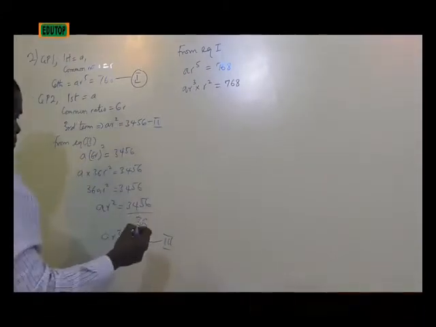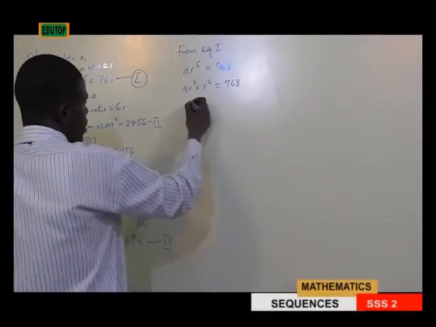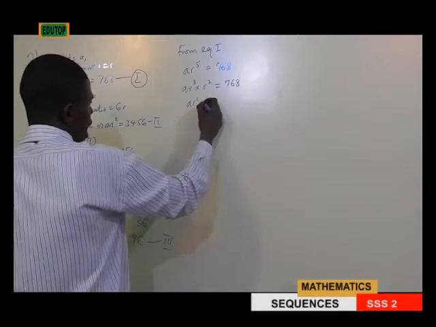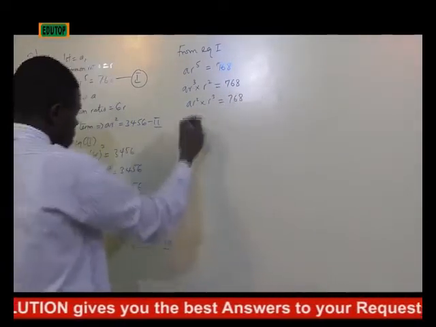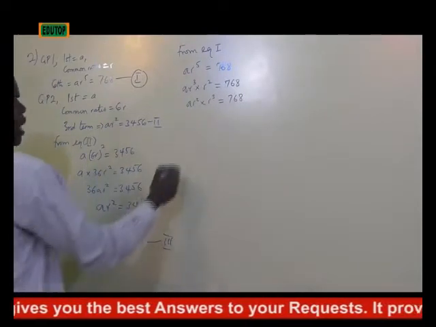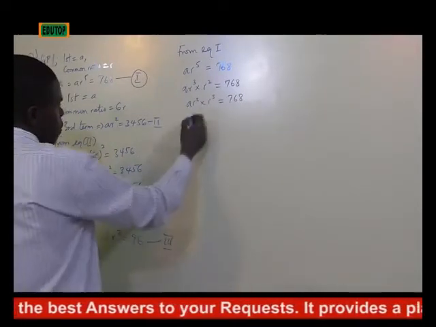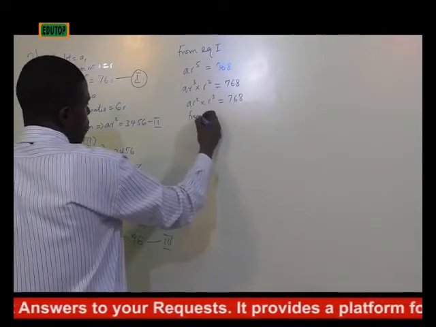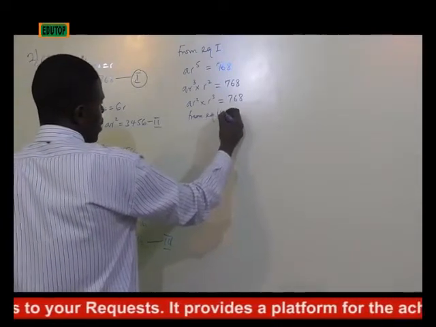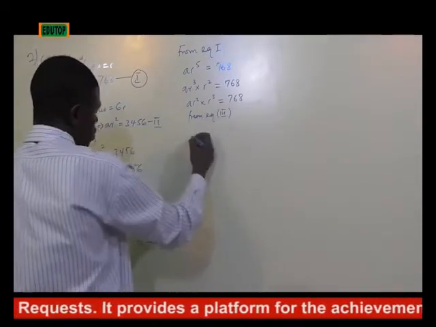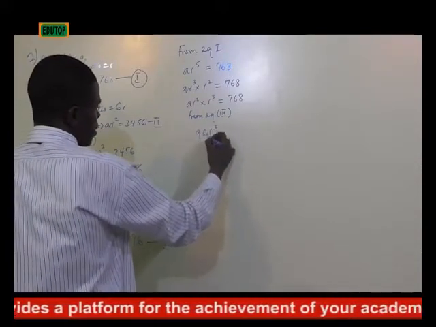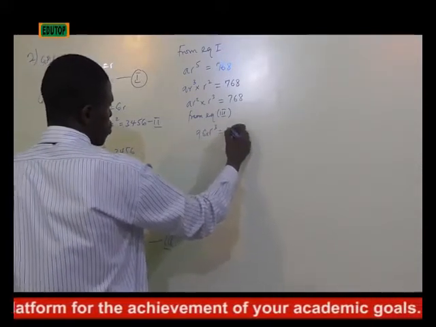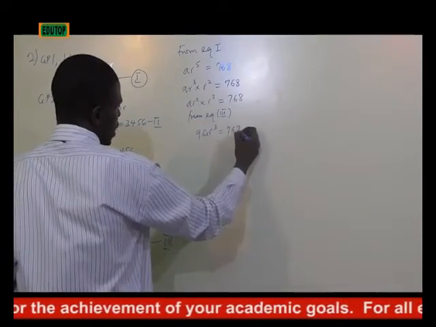And remember, AR squared is 96. So from equation 3 we substitute, then we have 96 times AR cubed, which equals 768.